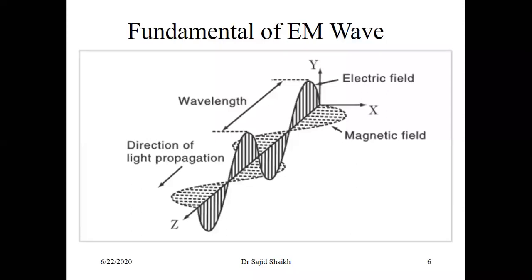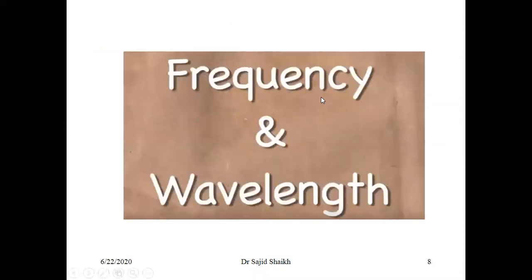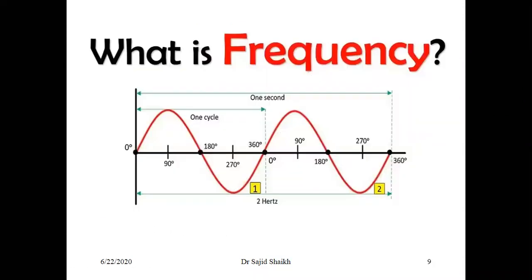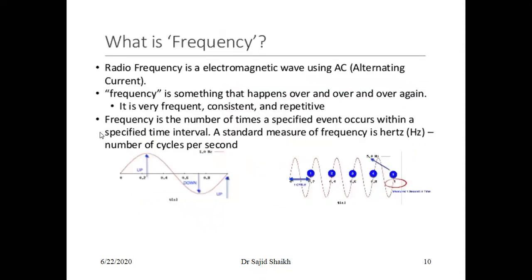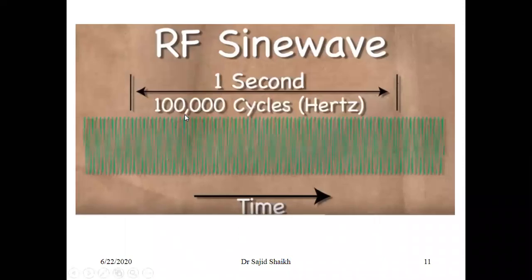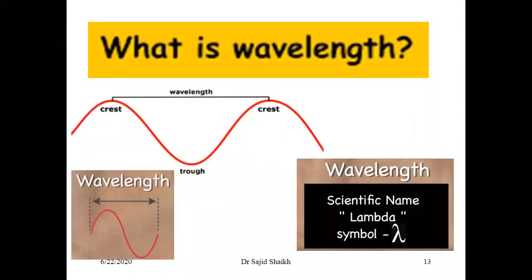Wavelength is nothing but the distance between two crests. So what is a crest? If we take one cycle, in this diagram, if you observe one complete cycle, suppose this is the point from where the wave starts.